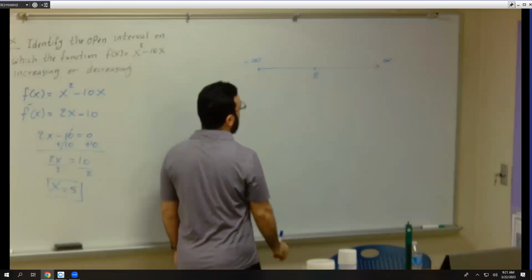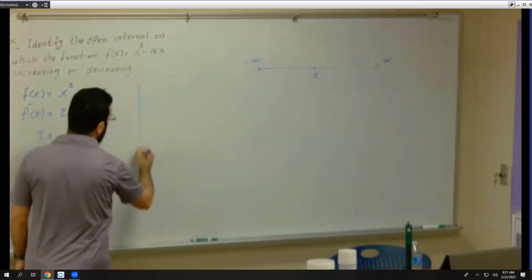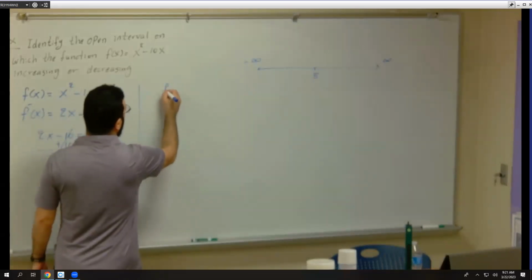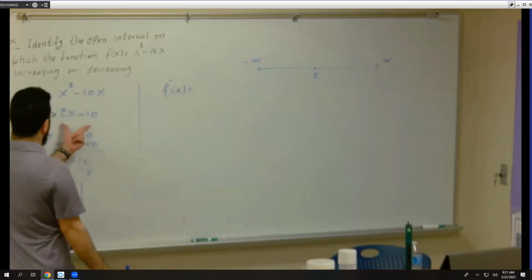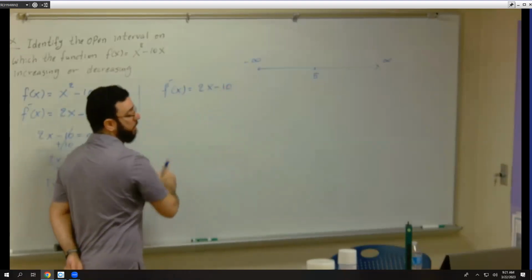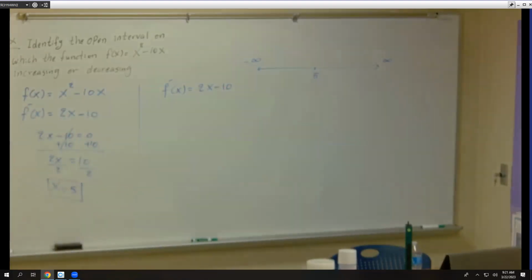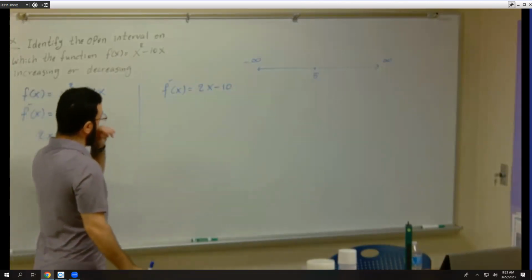So let's check our intervals by using the first derivative. My first derivative, f prime of x, is equal to 2x minus 10. But we have to be careful. We need to use the first derivative test, which means the first derivative, not the original function.